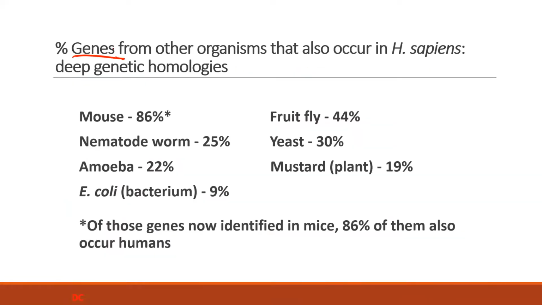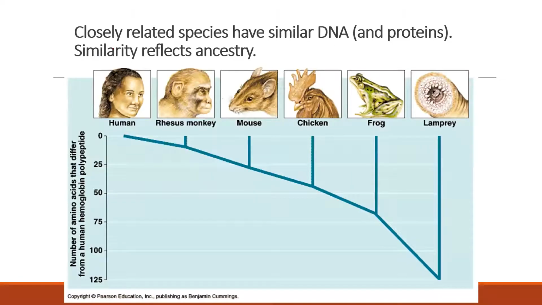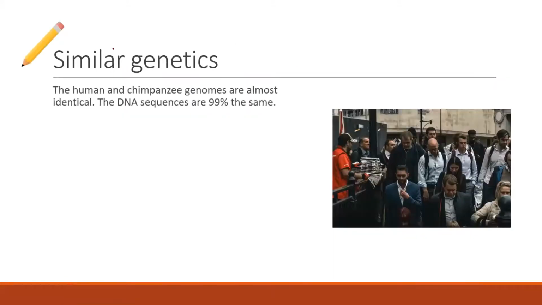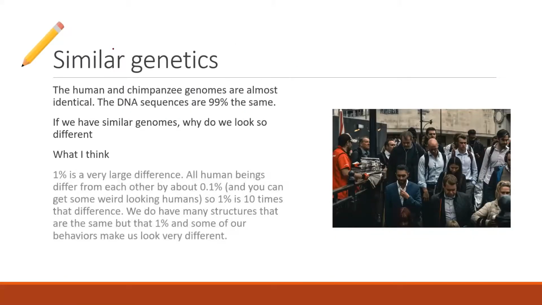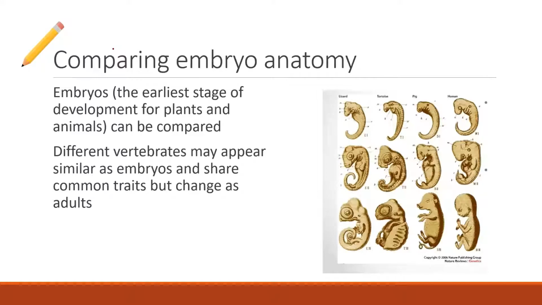The genes actually make up a small part of the total DNA. This looks at amino acids. I included a picture on this slide just because, why not? And then we looked at comparing embryos, and that was it for the lesson.